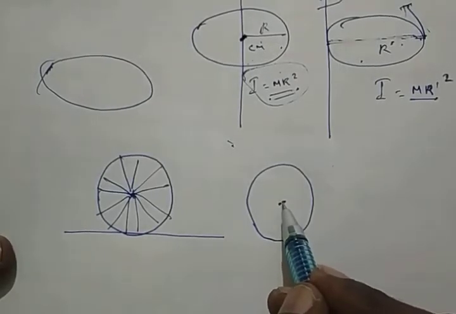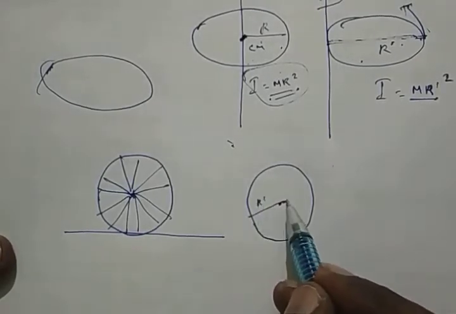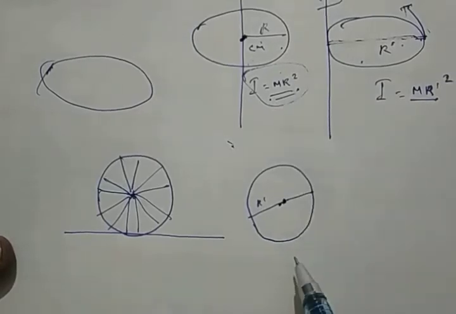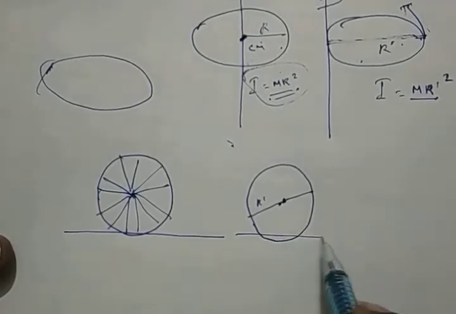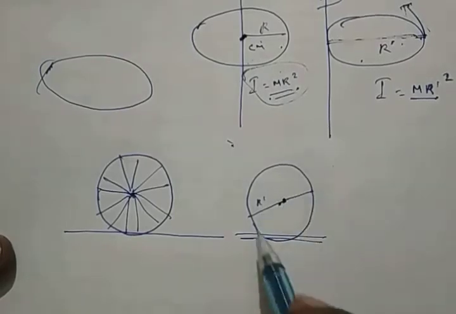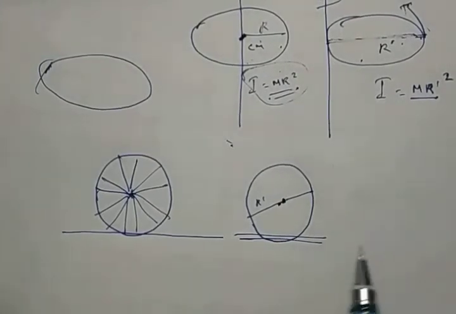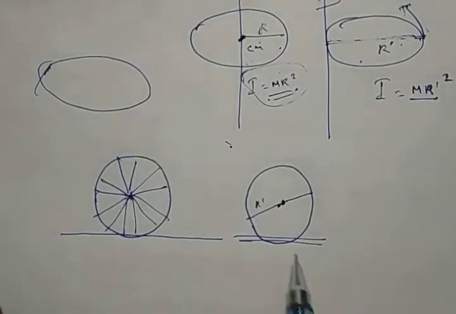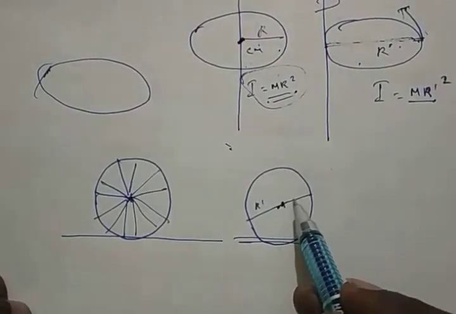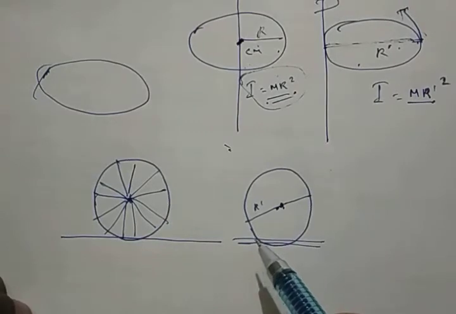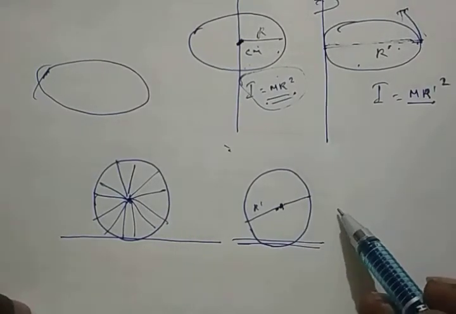Now you can look at this one. This side is more and this side is less. Then what will happen to the cycle? The cycle will start going up and down, up and down. Have you seen that one? That will make it very heavy, because the center of mass is different and the moment of inertia is different. It is going on a roller coaster ride then.